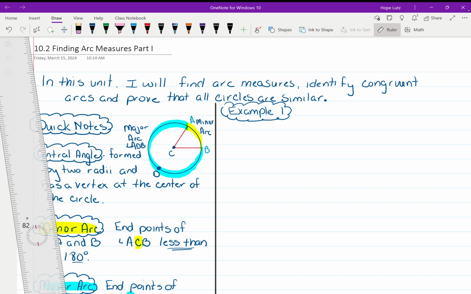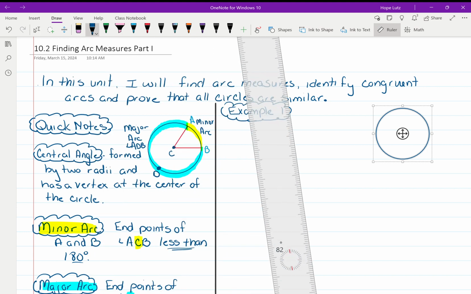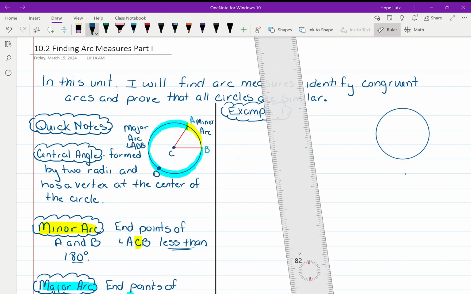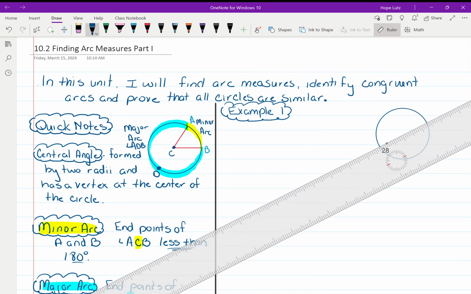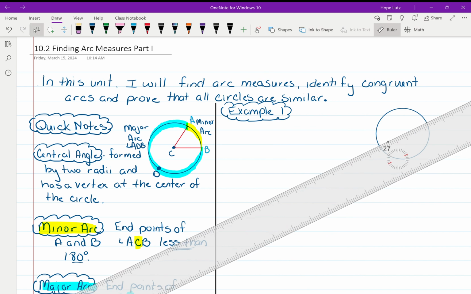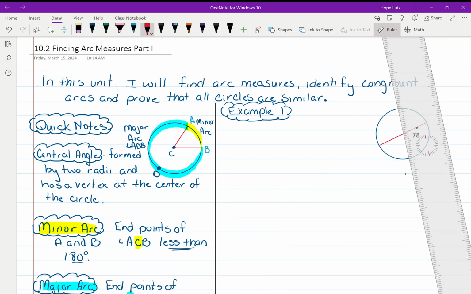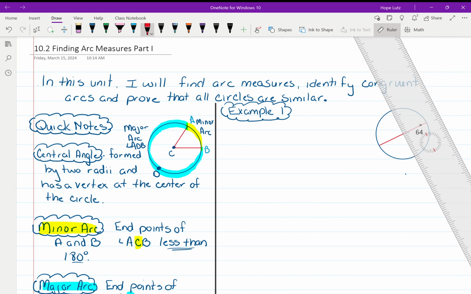So I'm going to draw my circle. And I'm going to put across a diameter. And then I'm going to have one radius coming out.